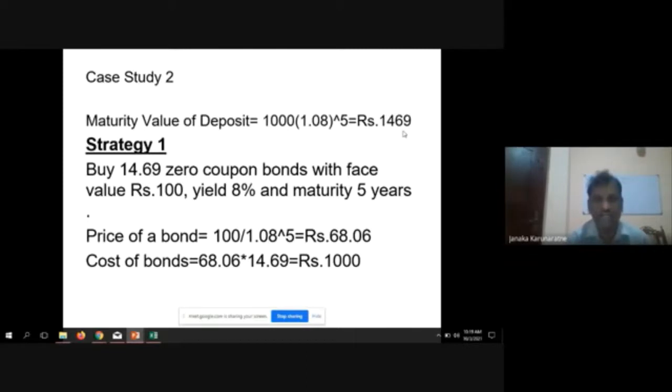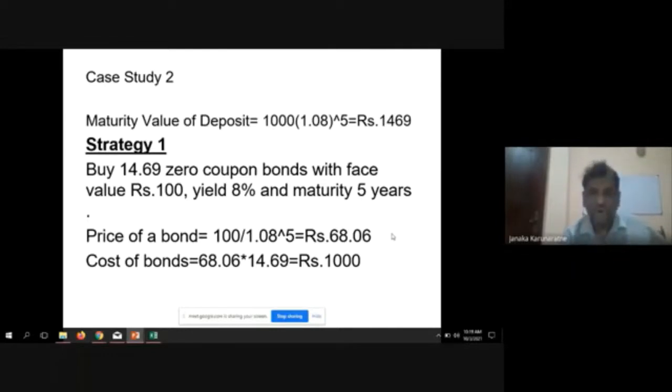So if you take a bond with face value 100, the price of the bond today is 68.06, because the price equals face value divided by 1 plus r to the power time. So for a 5-year zero coupon bond, the price is 68.06.